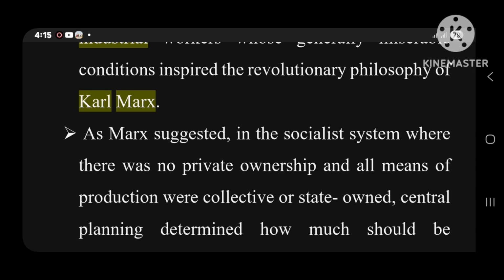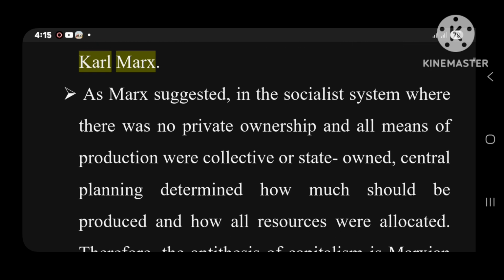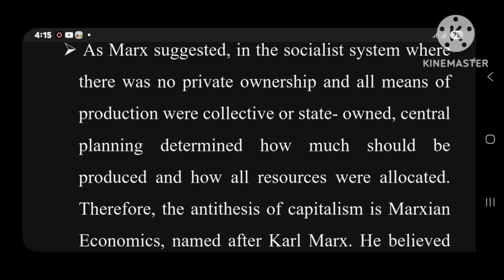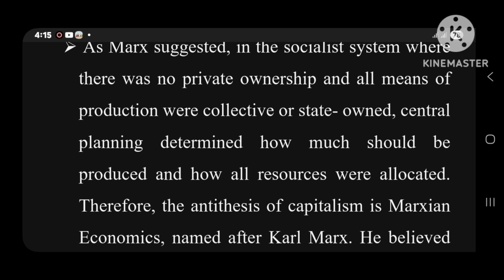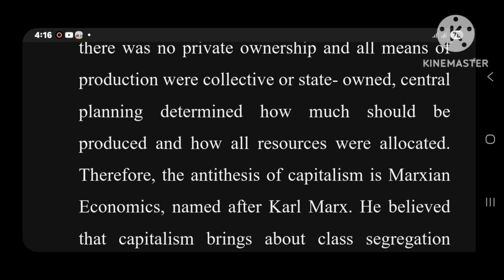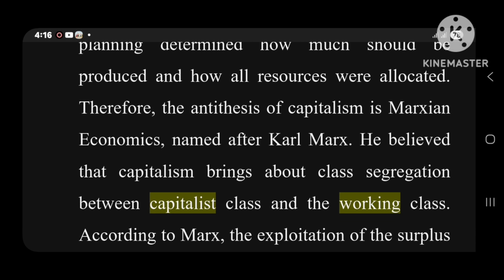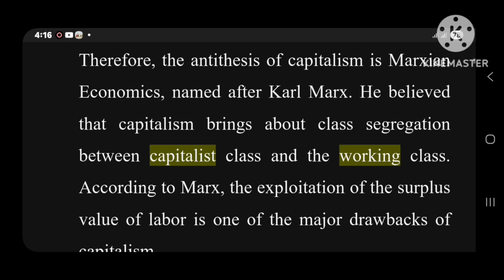According to socialist principle, there is no private ownership and all means of production are collective and state-owned. Central planning determined how much should be produced and how all resources were allocated, meaning government intervention in economic activity. So this ideology of socialism is quite opposite to capitalism. Such ideology is known as the Marxian economy or the socialist economy.